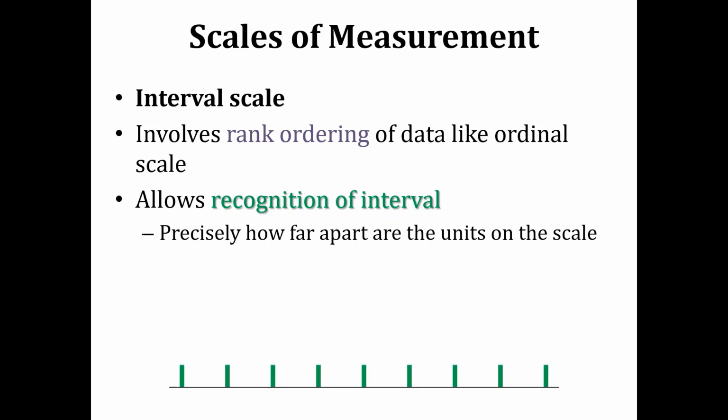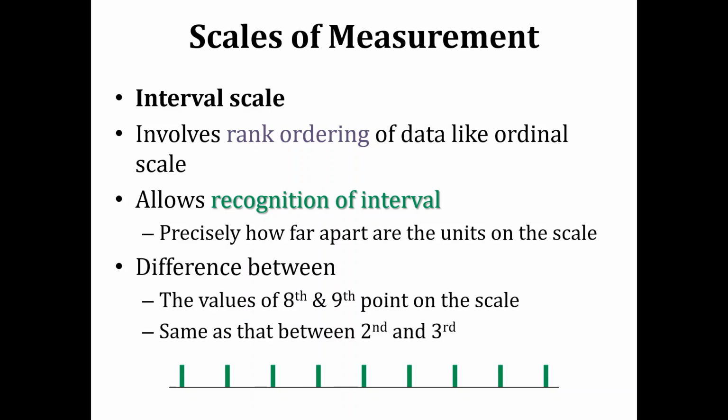So here you can see that you have the interval scale, and on the interval scale the distance between the units are equal. So it is not just the rank order, it is a proper scale on which you can see different units, and your values or your individuals from the statistical population, they may fall on any of these units, but we will be able to precisely measure their distance, that is, how far apart they are on the scale.